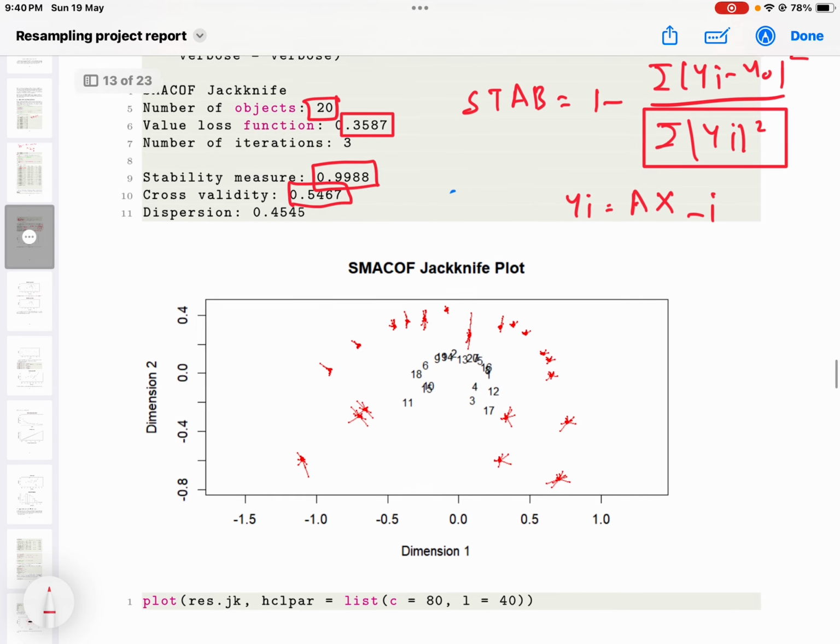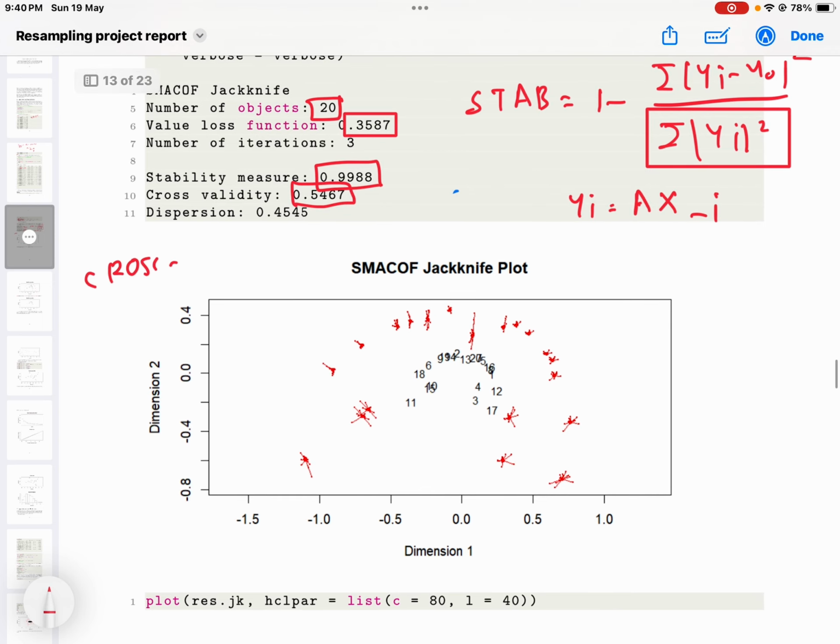And the cross validation is 1 minus n times (x naught minus y naught) squared divided by the summation of yi squared. X naught is the actual MDS solution and y naught is the jackknife MDS solution, that is the averaged out value of the yi's, and therefore the cross validation computes the distance between the actual solution and the jackknife version of the solution.